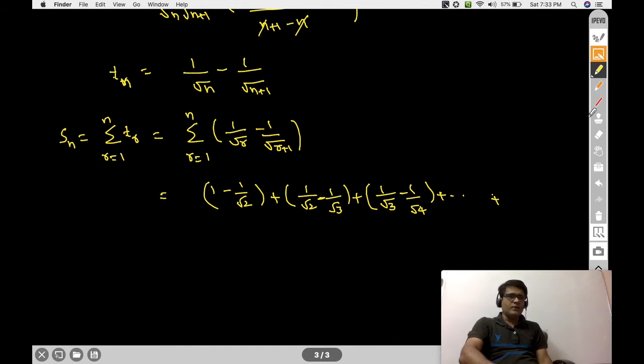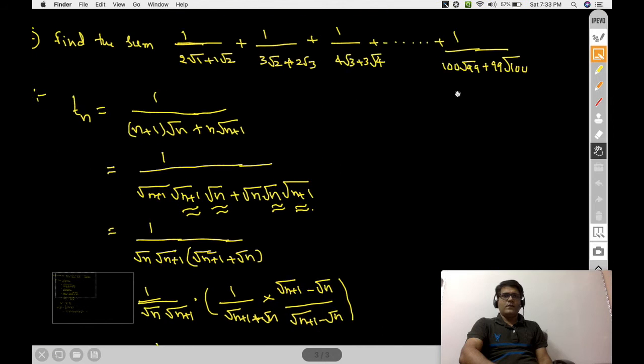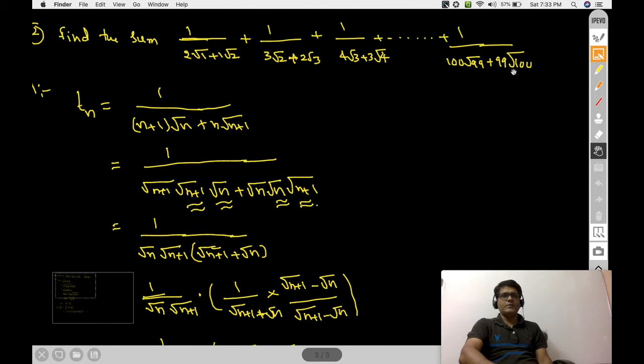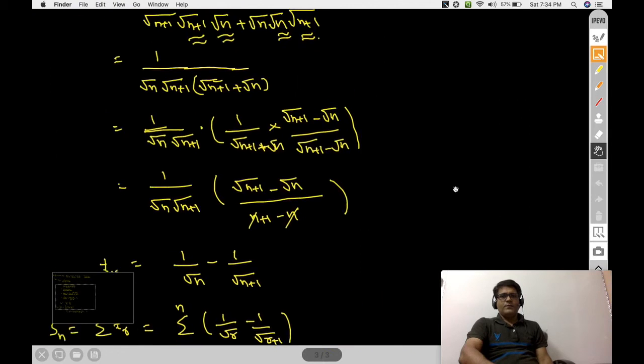What is our question? The sum of the series. Not the sum of n terms, sorry, because here the last term is also given, therefore we need the sum up to 99 terms.